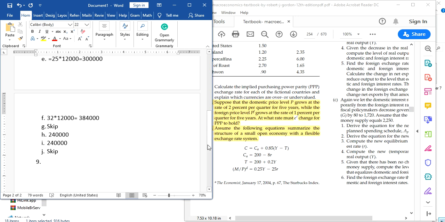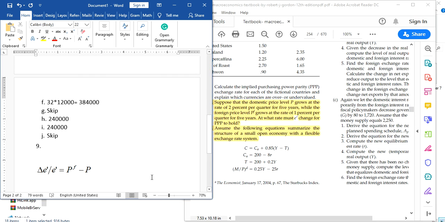To answer this question we can simply use this formula: the change in the exchange rate is the difference between the change in the inflation of the price level of the foreign currency and the domestic currency.